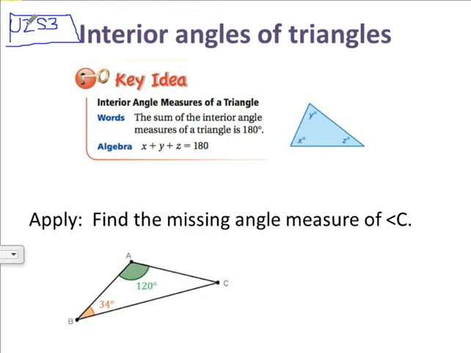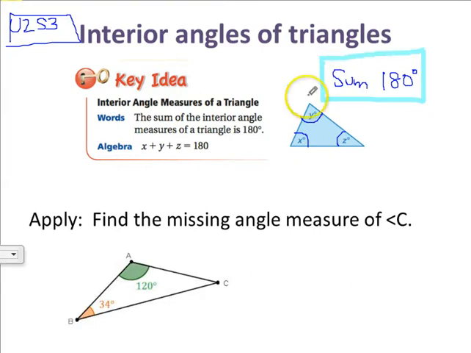The first thing you need to know is that when you add all the angles up in a triangle, no matter what type of triangle, how big or how small, you're always going to find that there's a sum of 180 degrees within all the interior angles of a triangle. So anytime you're working with a triangle, if you add all the interior angles up, you're always going to get a sum of 180. So let's use that key idea and apply it to this problem here.